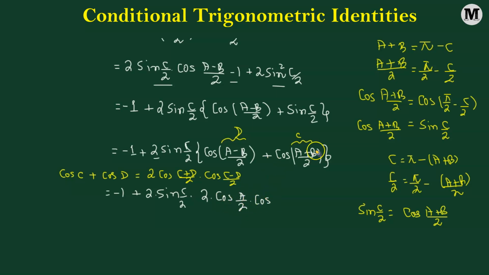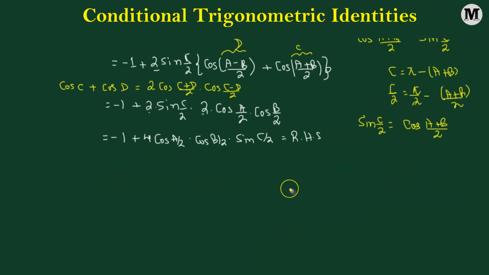The other one, cosine of (C minus D) over 2, gives us B over 2. So now we get negative 1 added to, so this factor 2 and this factor 2 multiply to give us 4. So we have 4 times cosine of the angle A over 2 multiplied to cosine of the angle B over 2 times sine of the angle C over 2, and this is the expression on the right hand side.